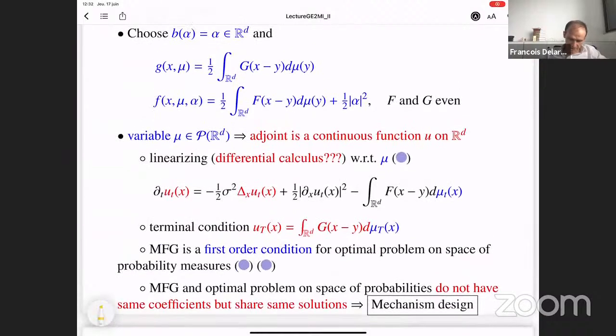So once again, mean-field games are first-order conditions of mean-field control. In fact, I should be careful because I'm not claiming that any mean-field game is a first-order condition. I said the converse. Typically, if you start from a mean-field control and you take the critical points, basically this will be a kind of mean-field game.